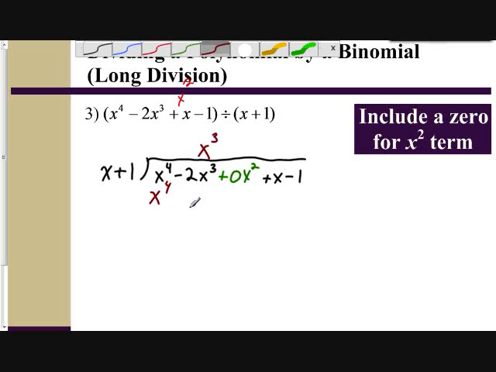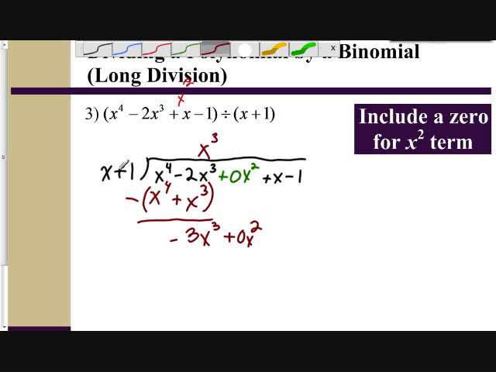And then we have x cubed times 1 gives us x cubed. We subtract the entire thing. The x to the fourth cancel. We have negative 2x cubed minus x cubed, so that's negative 3x cubed. We drop down our 0x squared.